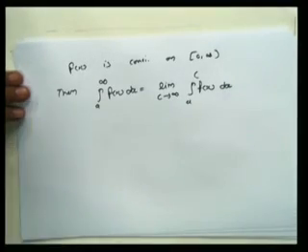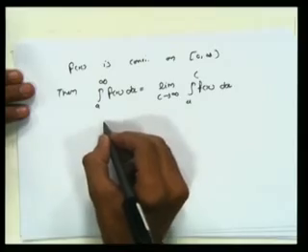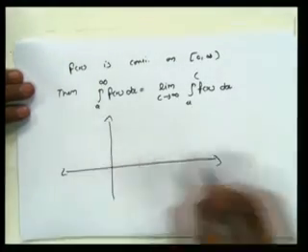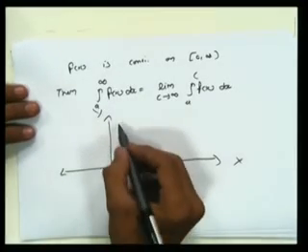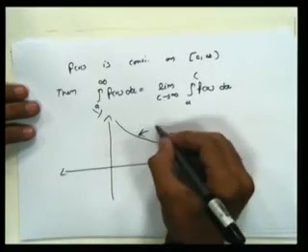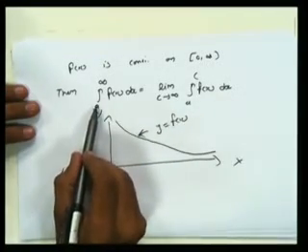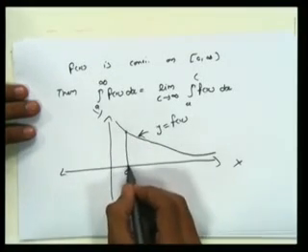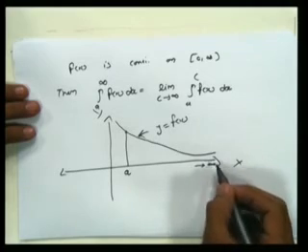Let us try to understand this formula using the graph. Take the x-axis and y-axis. Let f of x be any function whose graph is something like this. This is the graph of y equal to f of x. Here the interval of integration is from a to infinity. Suppose point a is somewhere here, and we know that in this direction there will be infinity.